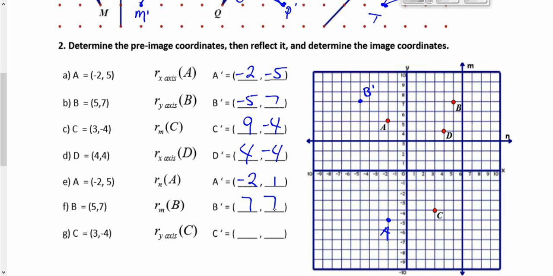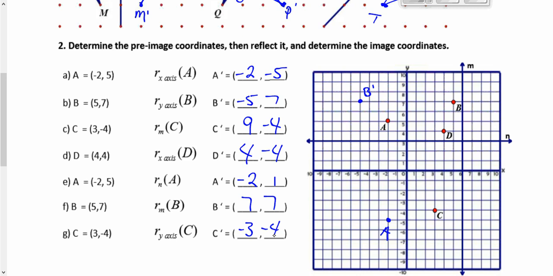Maybe not there yet. -3, -4. -3, -4. Okay. There we go. Does anybody have any questions on it? If you got something wrong, a lot of times maybe you're not noticing the correct line of reflection. A lot of times kids will see the x-axis and they'll reflect in the y or something like that, right? And you got to be real careful what they want you to reflect in.